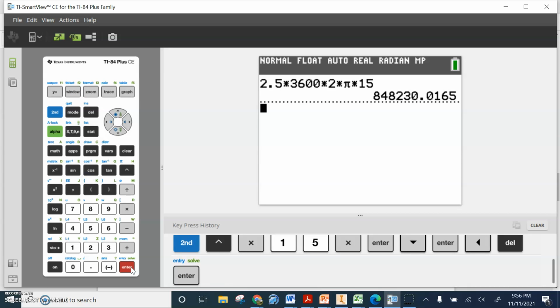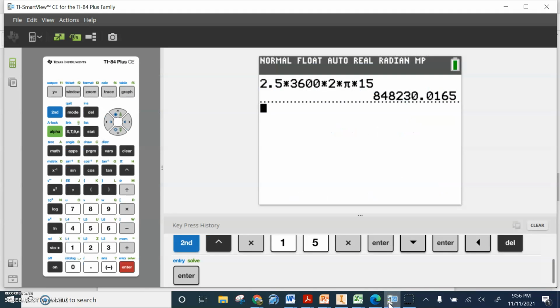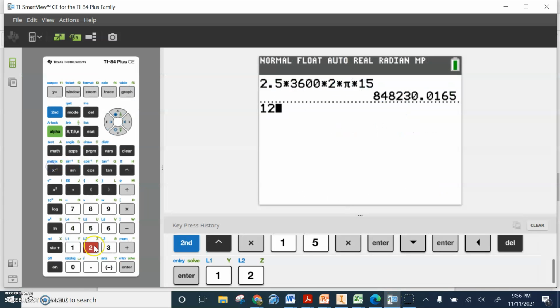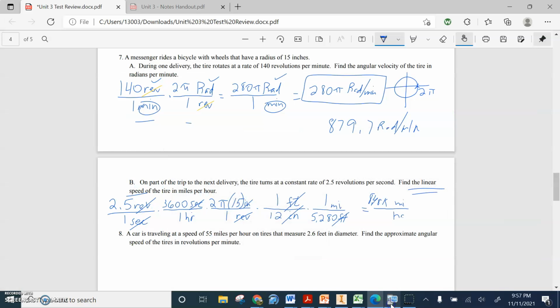So it's a really big number. I'm not even going to have room to write that on my page. So, but let's save that, right? So I would put that 848,000 miles per how many hours? Well, 12 times 5,280. Per 63,360.